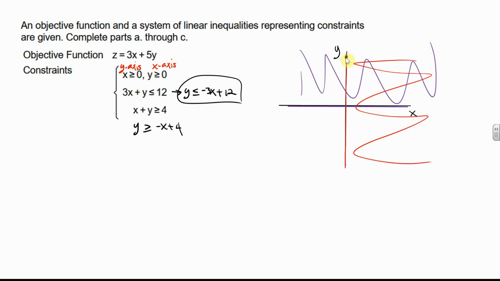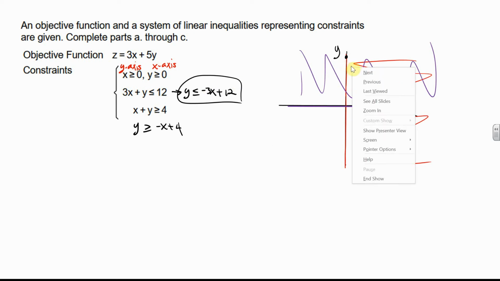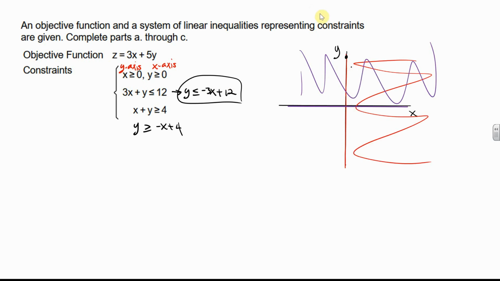I'm going to just say it's here. And then the slope is go down 3, go over to the right 1. Say something like that. And that's less than. So for right now, I'm in this triangle right there.